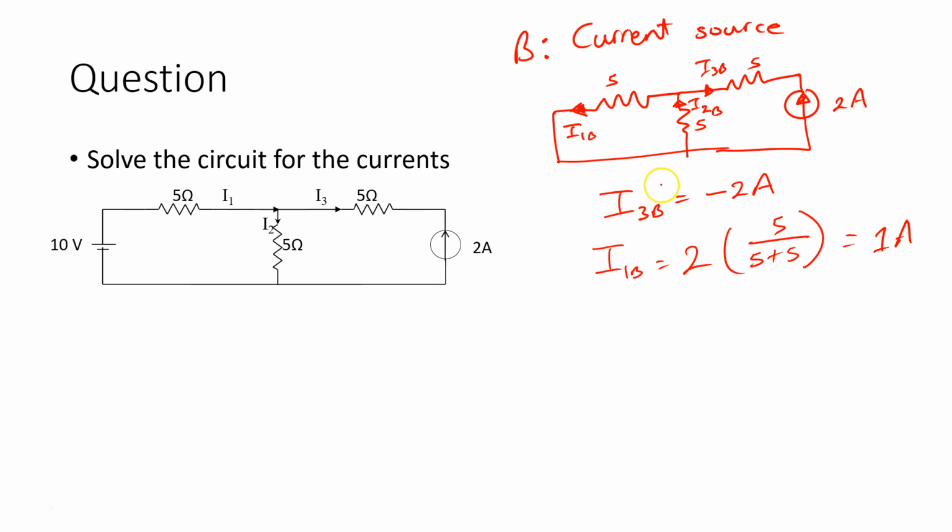And similarly, I2B is negative 1 amp. This is negative because in reality the current will go down, but we have designated I2B to be up. So now I have my second set of results.